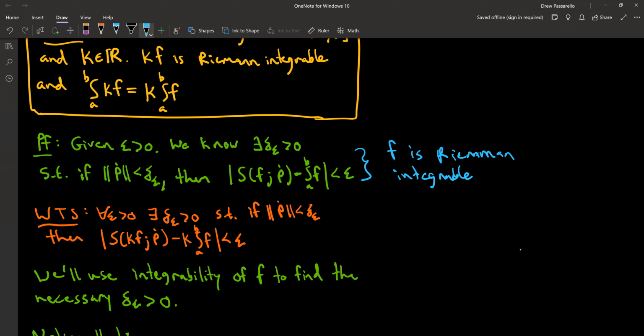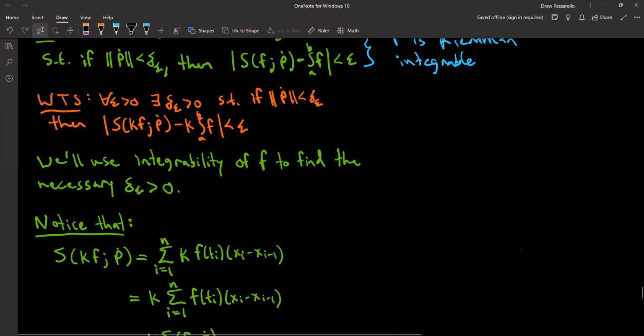That is what we wish to show, because we need to show that k times f is Riemann integrable, and further that its integral is equal to k times the definite integral from a to b of f.